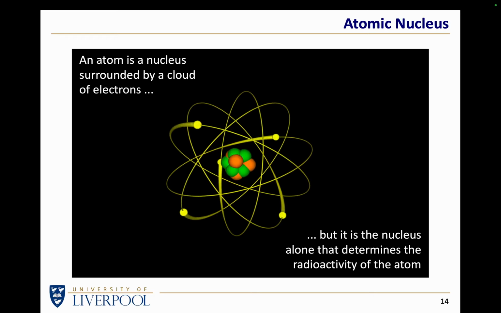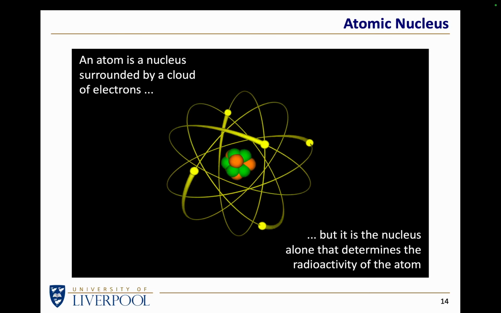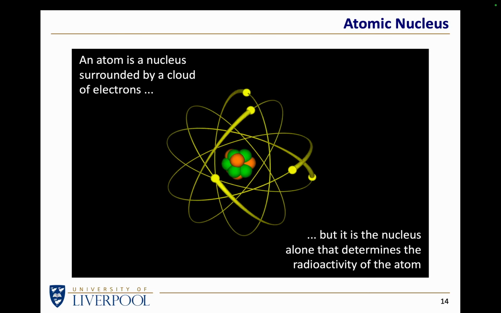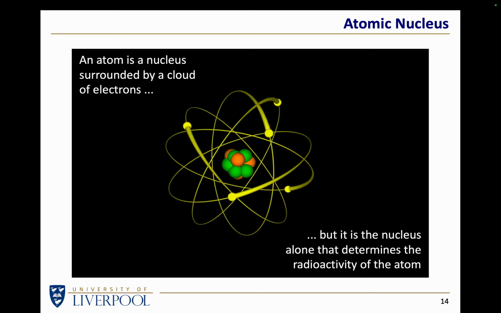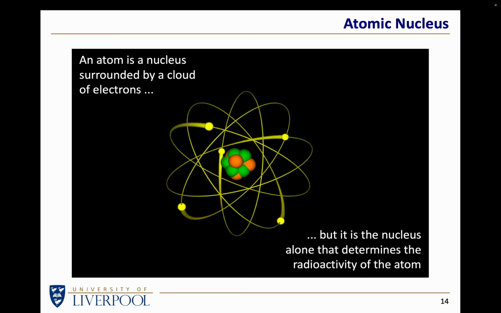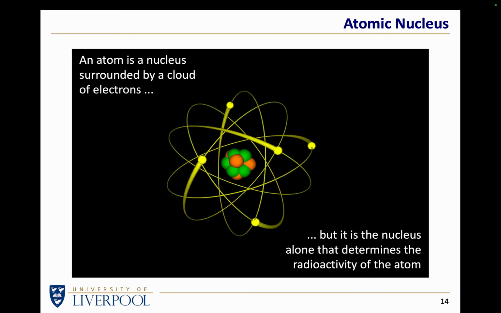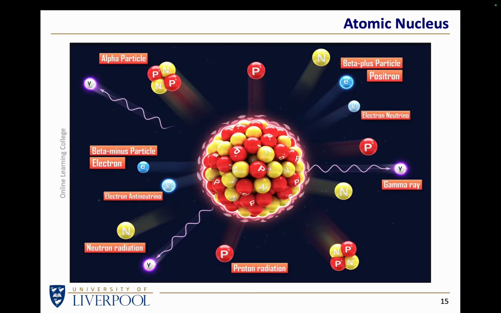And it's the nucleus alone that's responsible for radioactivity. The nucleus, made up of positively charged protons and neutrally charged neutrons, there will be a different number of those in every atom, and if an atom decides it doesn't like being what it is and wants to change into something else, it's the nucleus that changes, and it's the nucleus that decides this is no longer the same atom.